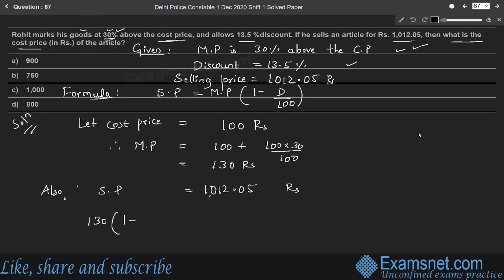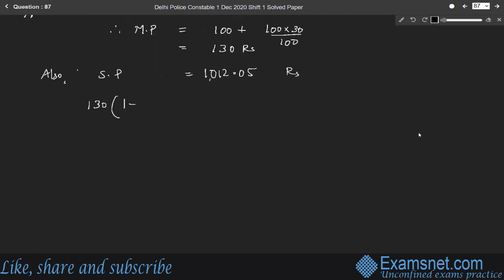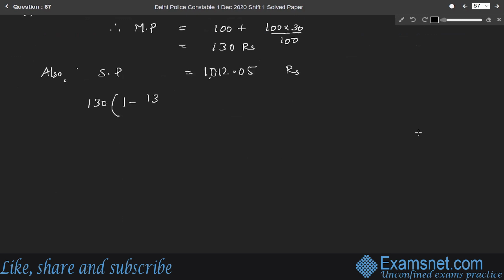In the question, discount is 13.5. Substitute the values in the formula. So 130 into 1 minus 13.5 divided by 100 is equal to 1012.05. Simplify it. So 130 into 100 minus 13.5 is 86.5 divided by 100 is 1012.05.